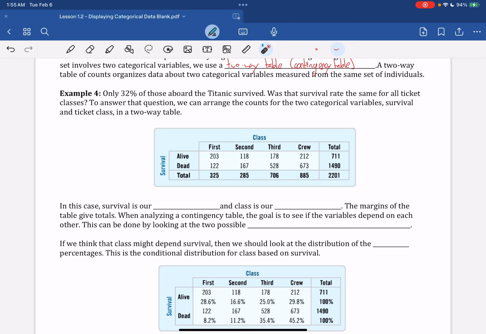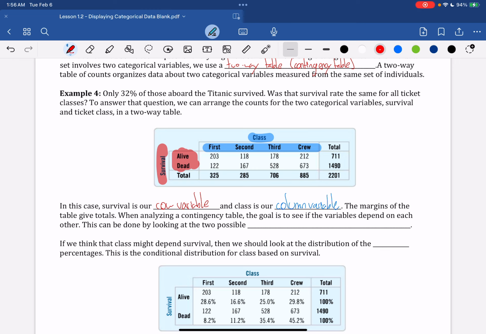So in this case, survival is our row variable, whether or not they survived. We'll make that red. And our column variable is class, which is shown up here.